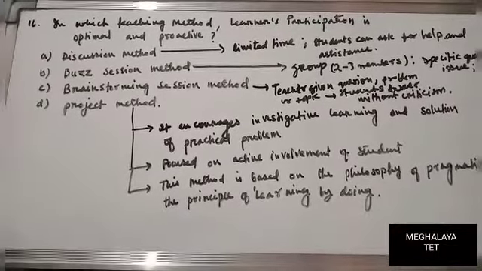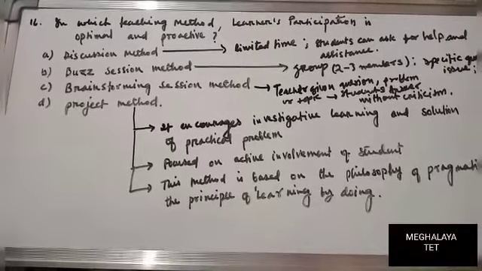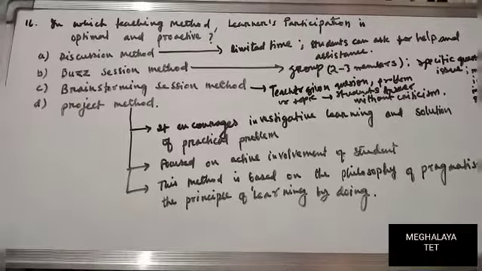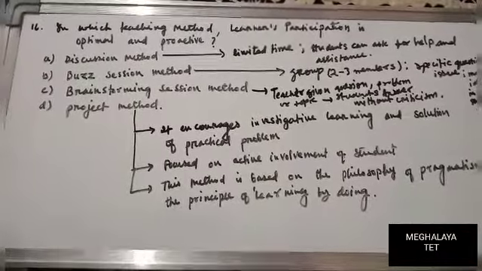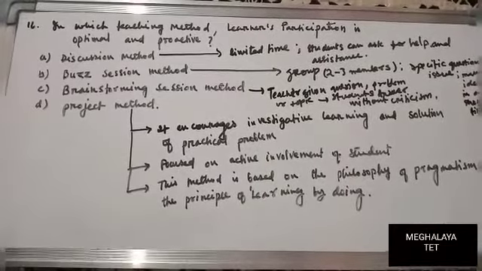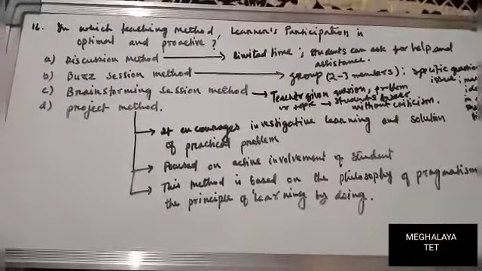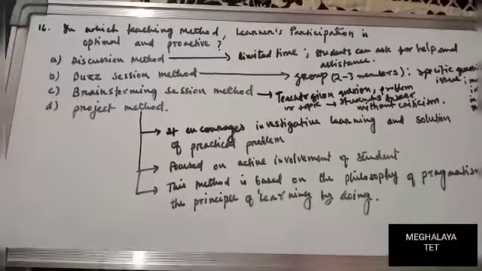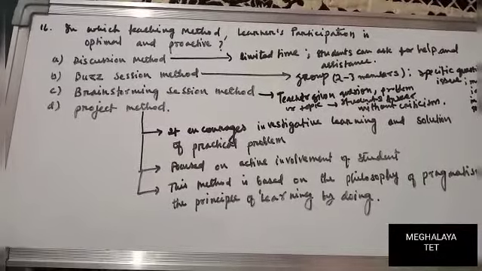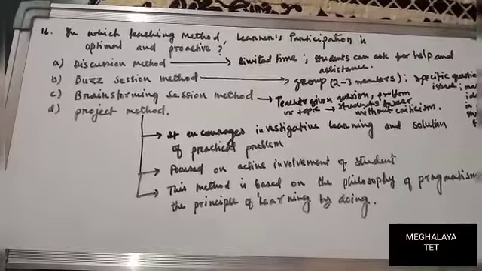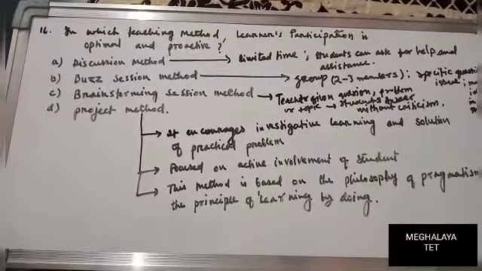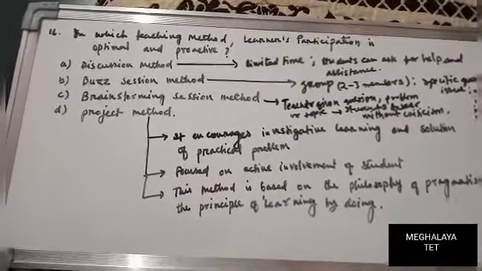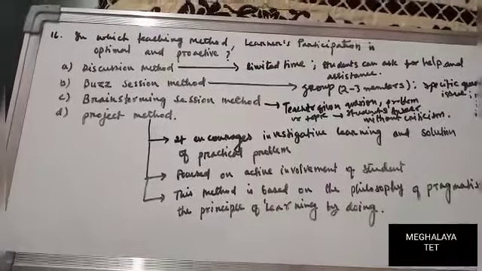Suppose they are given the solar and lunar eclipse, they can perform experiments to see practically how it happens. In this way, the project method involves optimal and proactive learners. It makes the learners proactive because they are actively doing the work, and they want to do their best in that work.